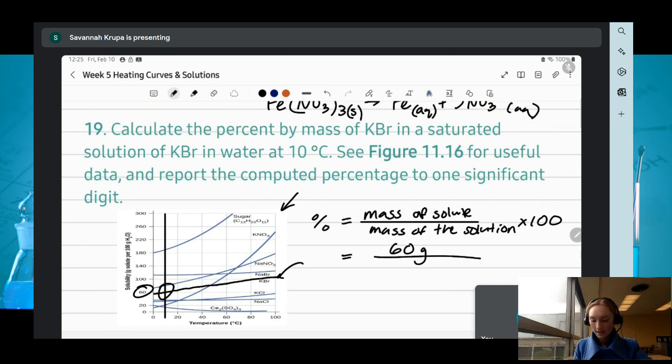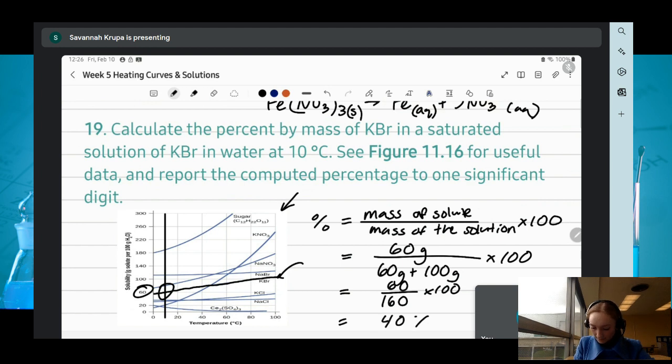So that's our solute. And then the mass of the solution is going to be the 60 of the solute. And the water here is the solvent. So 60 plus the 100 grams of the solvent is going to be our total mass of the solution. And then times that by 100. So that's going to be 60 over 160. And we will get a value of around 40%. And so that is percent by mass. And that's how we solve that one.